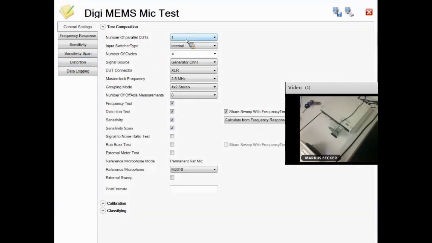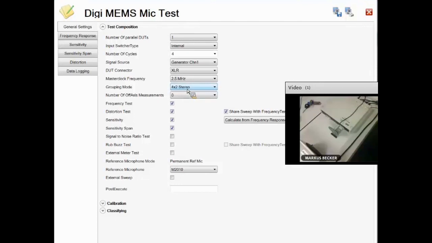We are using an internal input switcher, internally within the FX100. As we have 4 MEMS MIGs on our device under test, we will do that in 4 cycles. And we are using the 2.5 megahertz, and we have selected a grouping mode of 4 times 2 microphones.